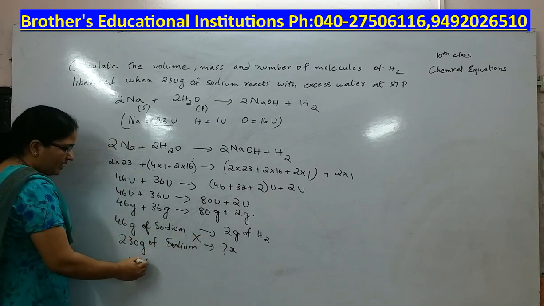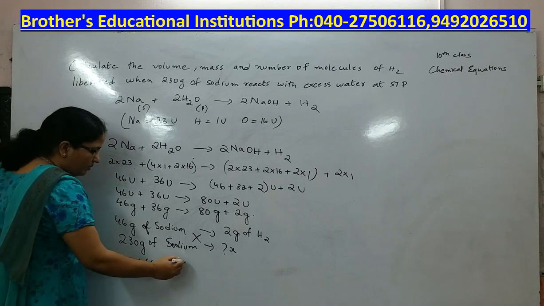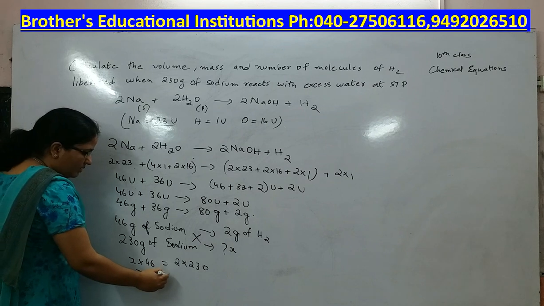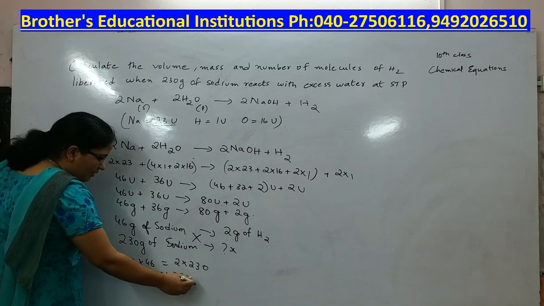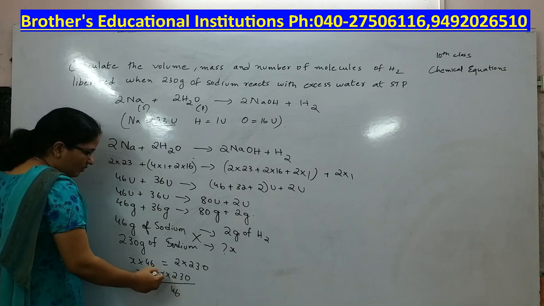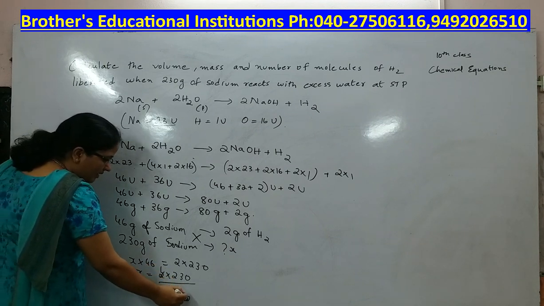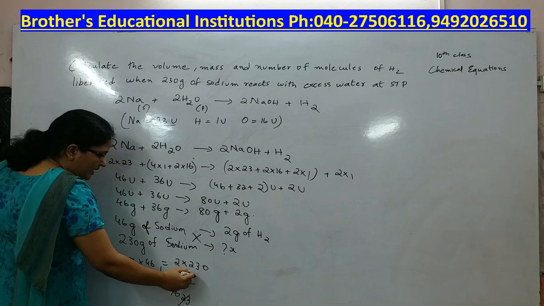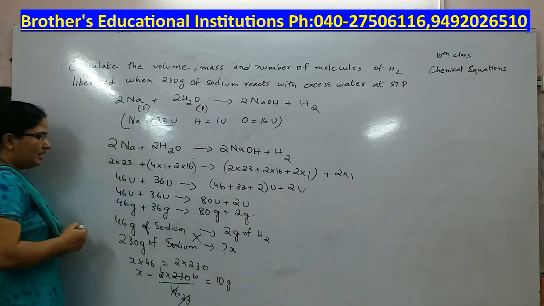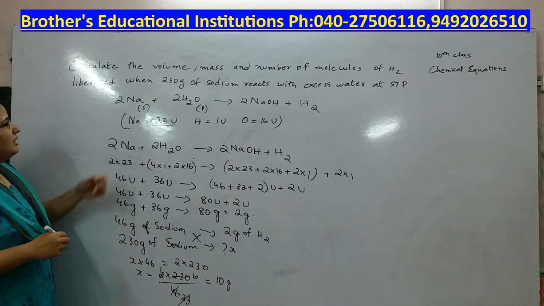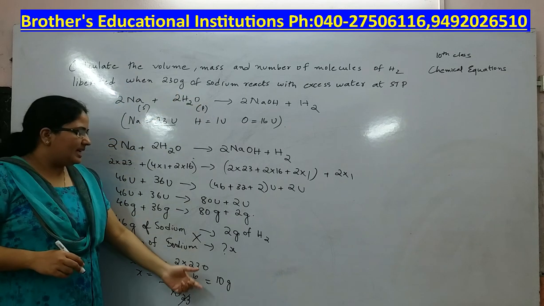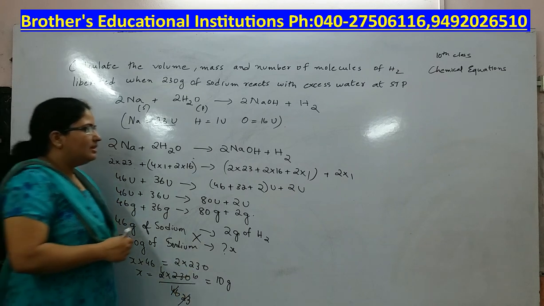X into 46 is equal to 2 into 230. X is equal to 2 into 230 by 46. 2 1s are 2, 23s are 23, 1s are 23, 10s are. So you get 10 grams here. 230 grams of sodium is giving 10 grams of hydrogen.